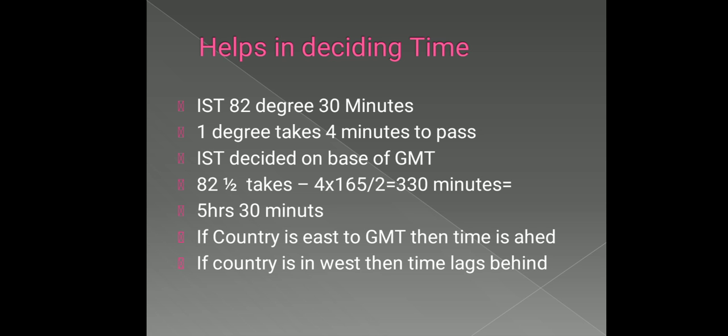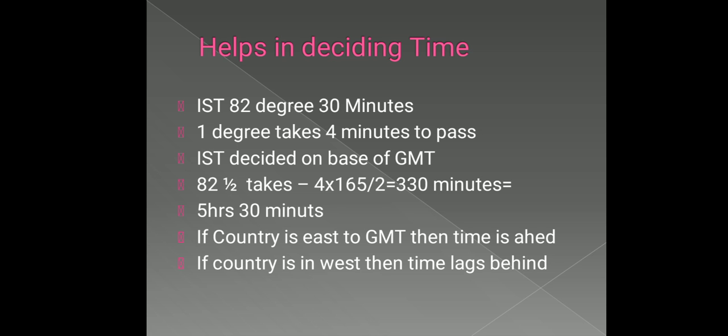Actually, the standard line is decided on the basis of GMT. GMT stands for Greenwich Mean Time. Greenwich is the 0 degree longitudinal line on the earth. And in this way, we have decided 82 degree and 30 minutes as the IST or Indian Standard Time line.